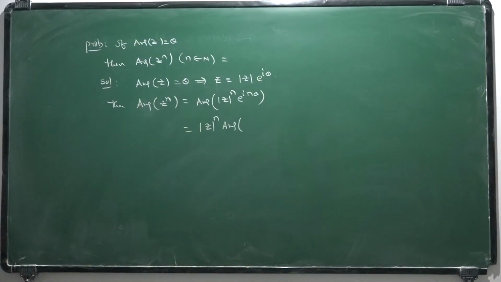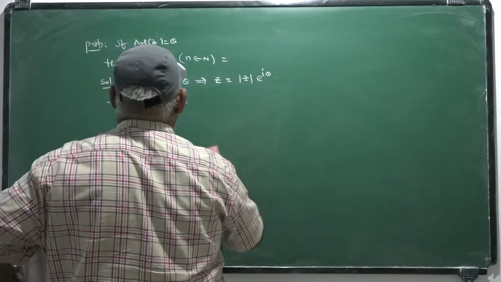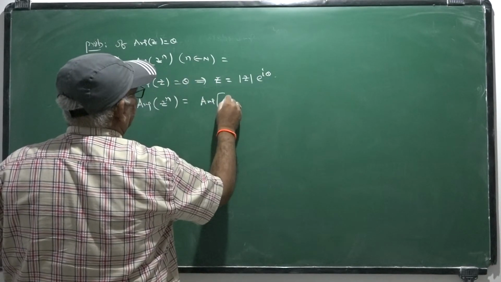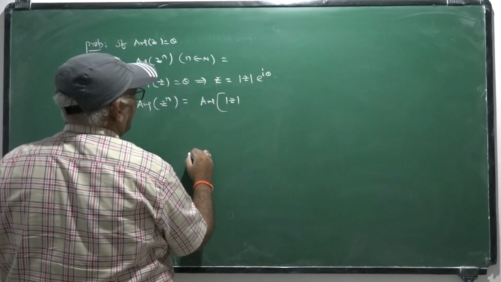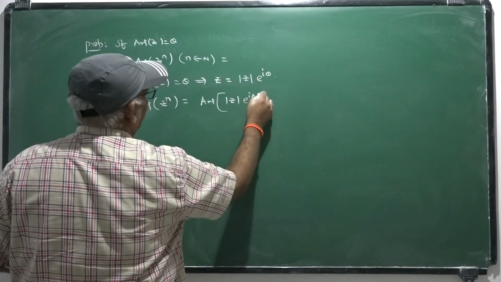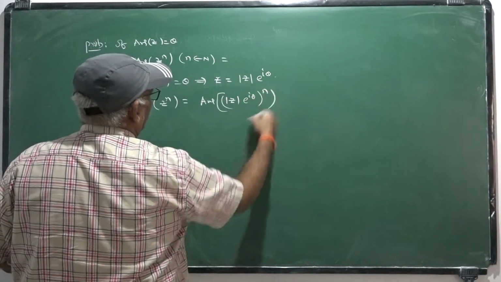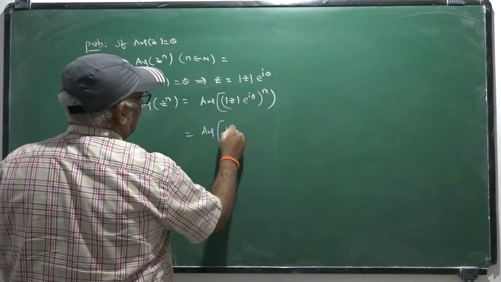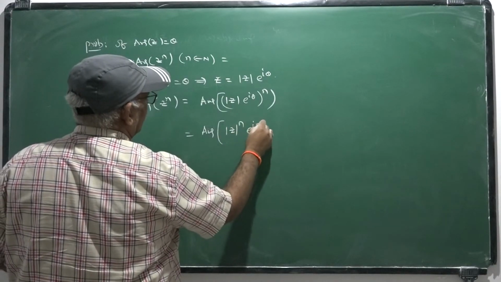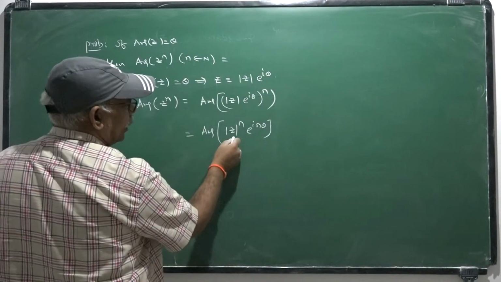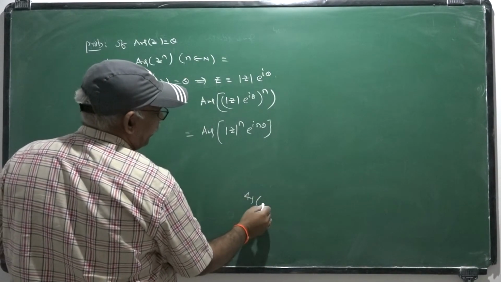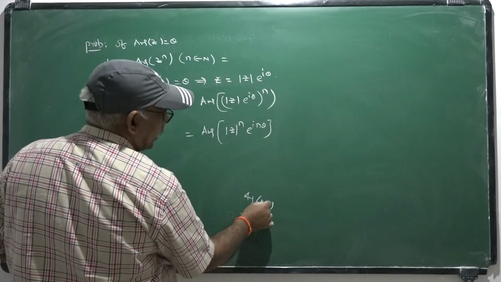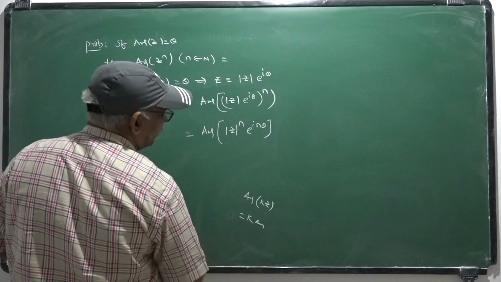This is real. Argument of kz is nothing but, when k is real, k into argument of Z itself.